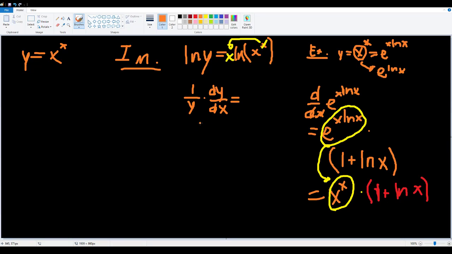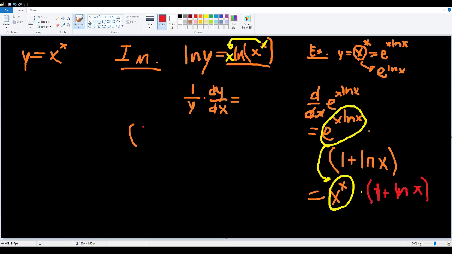So now here, I'll just write this down here because we're running out of horizontal room. We're going to have to write this part using the product rule. So first we're going to do the derivative of x.